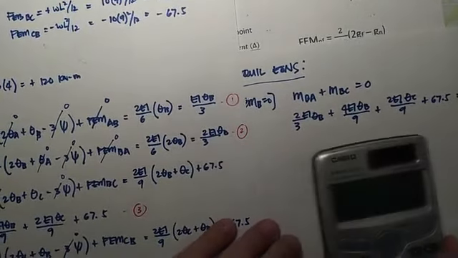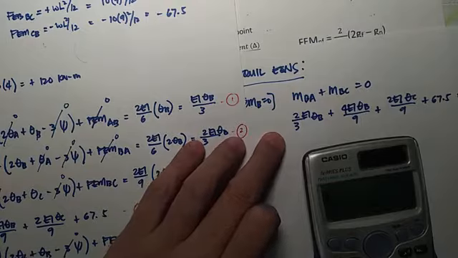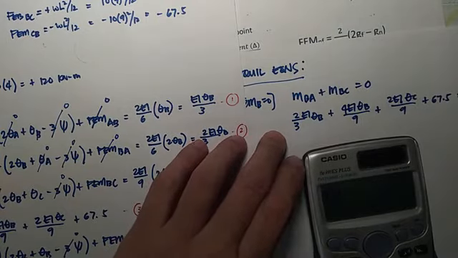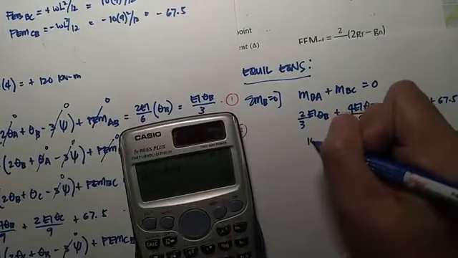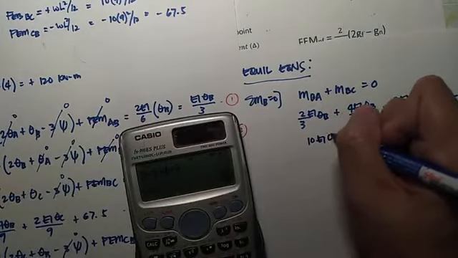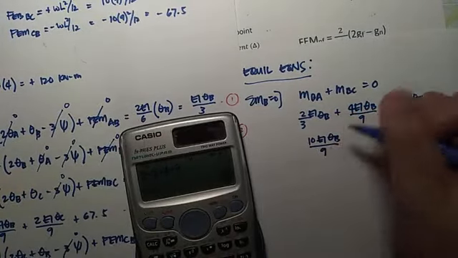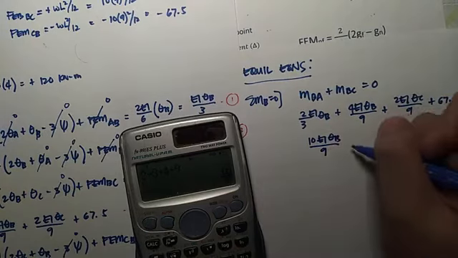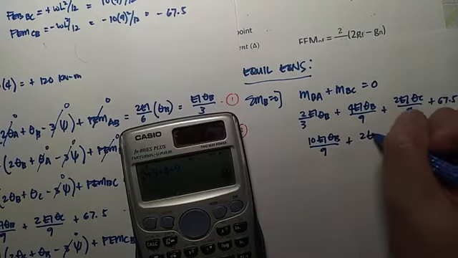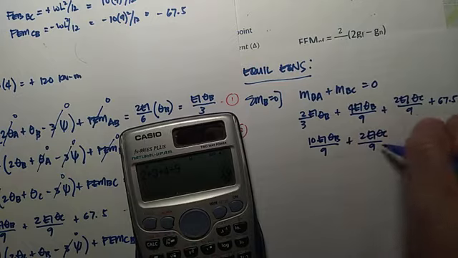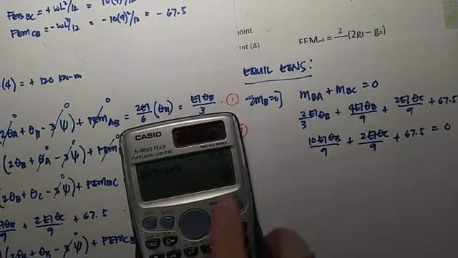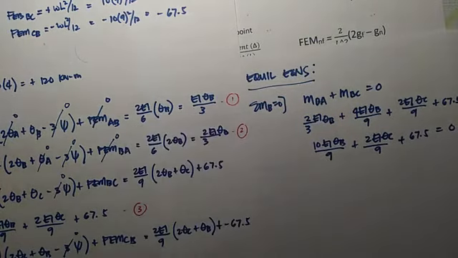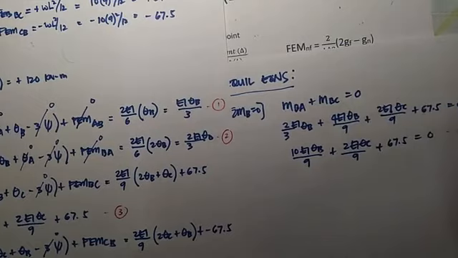So pagka sinimplify natin is 2 over 3 plus 4 over 9. So that's 10 over 9 sa theta B plus yung theta C as is. So 2 EI theta C over 9 plus 67.5 equals 0. So this would be our equation number 5.